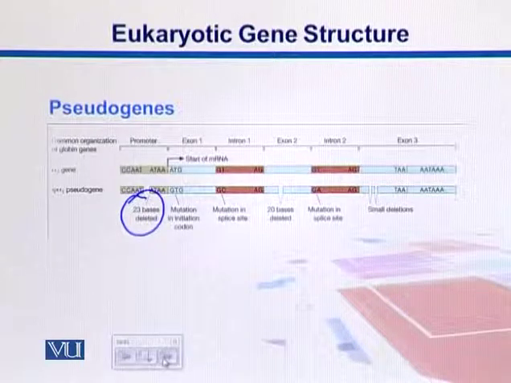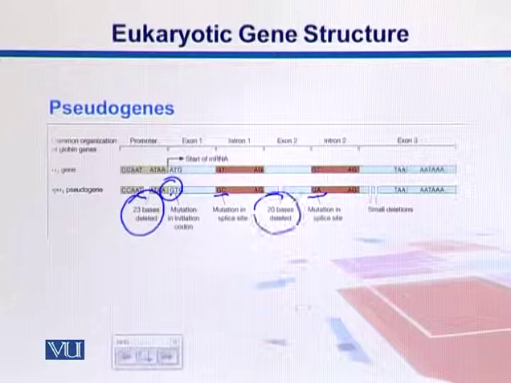In the same way, in the start codon, rather than ATG, it's GTG. We also see mutations in the splice sites, rather than GT, it's GC. Again here, we also see some other small deletions, and in the end, in exon 2 there are another 20 bases which are also deleted. In this way, this normal gene has now become a pseudogene.